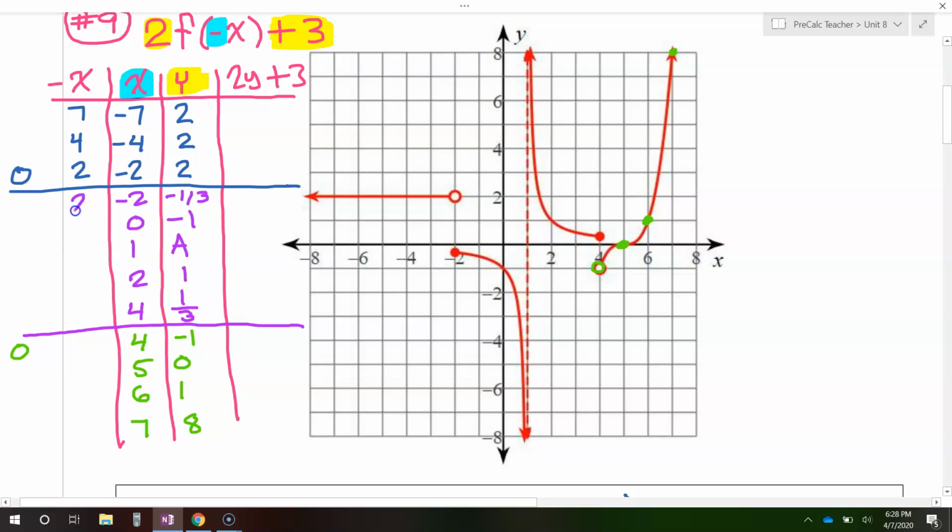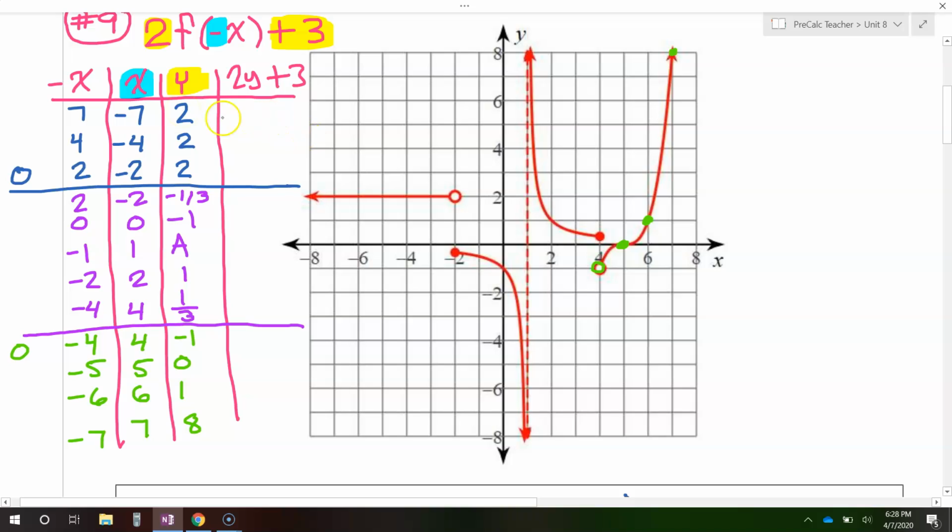And I'm going to have 2, 0, -1, -2, -4. And -4, -5, -6, -7. All right, we just did the opposite of all the x values. Now, the y values are a little bit more complicated. We have to do 2y plus 3.